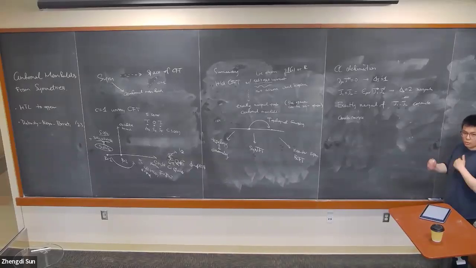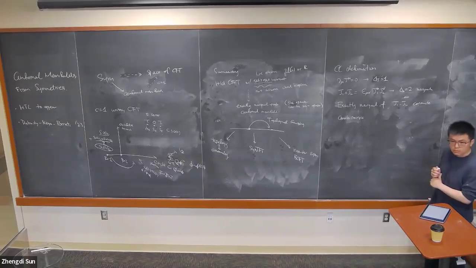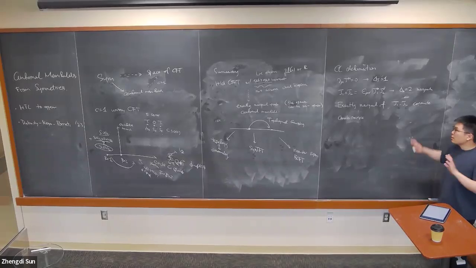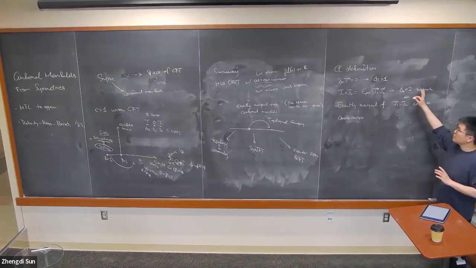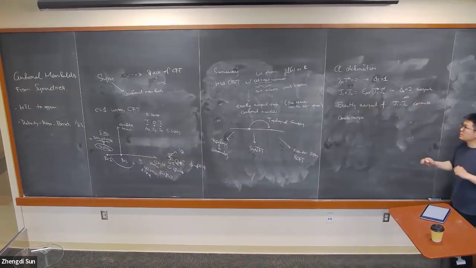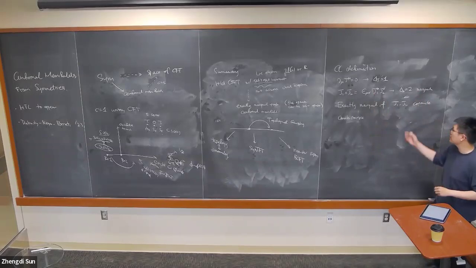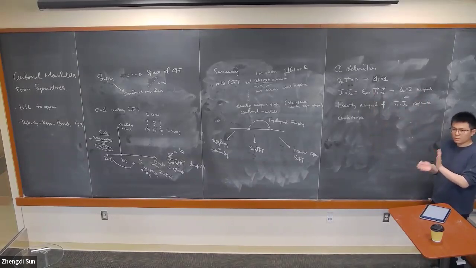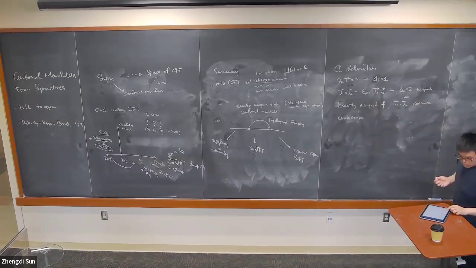It's better to say charges commute. Yeah, charges commute. The same, no singular term in the OPE. That's right. There's a way to understand this if this thing enhances to a chiral algebra. But there are also examples where this doesn't enhance to a chiral algebra. The key thing is that I just don't want them to have some singular term in the OPE. That's right. Good.